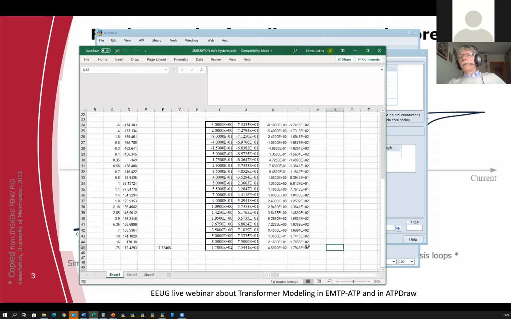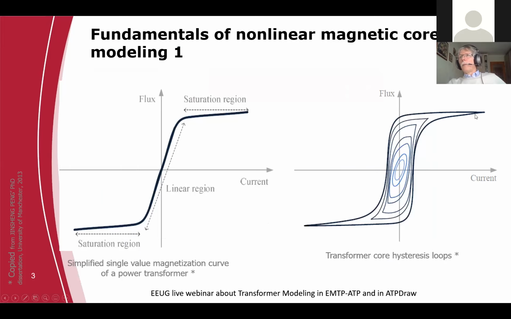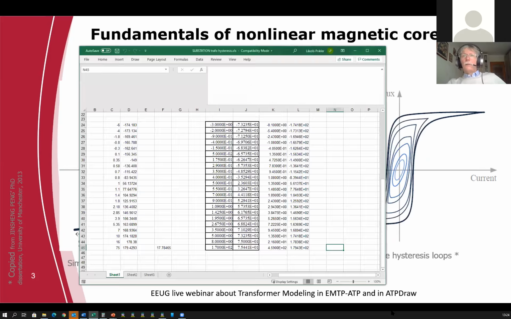You know that this is the lower part of the hysteretic curve. So starting from quadrant 3 up to quadrant 1, plus 4 more data points, and those final 4 data points define the slope, which defines the air core inductance.